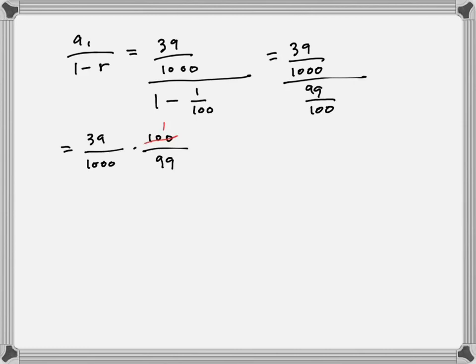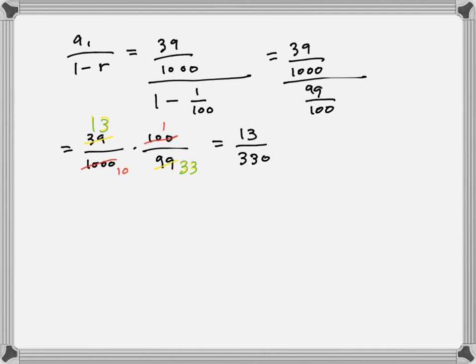Let's just reduce this. This is 1, this is 10. And then if we use a different color, if we take out a 3, this is 33, and this is 13. Sorry, that's a little unclear. I didn't know yellow would be so hard to see. This is 13, and this is 33. That's better. So what do we get? We get 13 over 330.